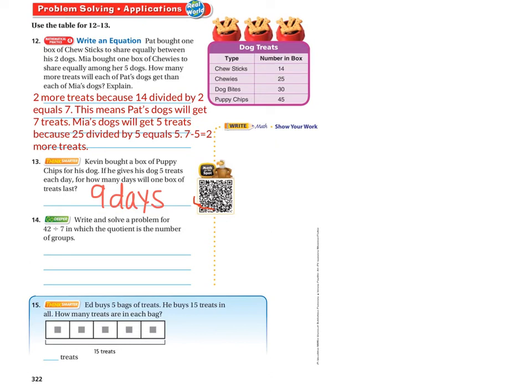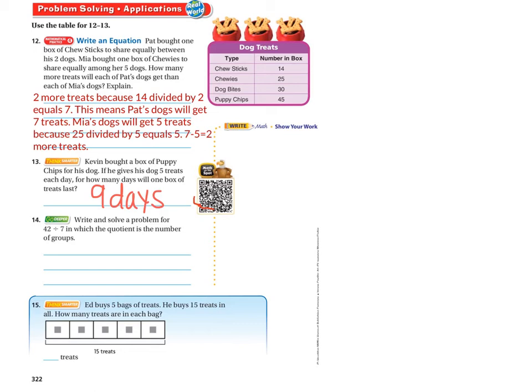According to our table, puppy chips, there are 45 puppy chips in a box. So Kevin is feeding his dog 5 of those puppy chips each day. We want to figure out how many days that whole box will last.